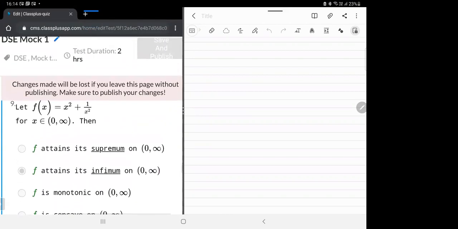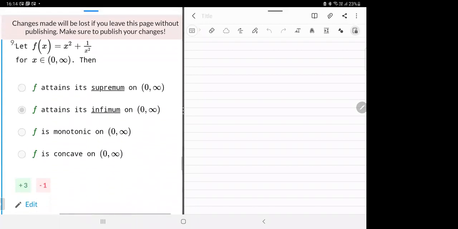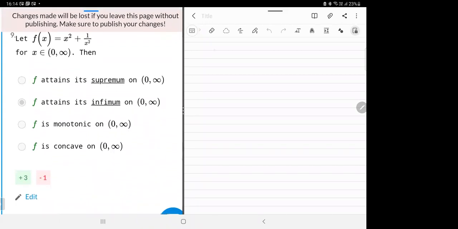So what's the doubt here? So I have my f of x equals x square plus 1 by x square, right? You guys can hear me, right? Yes, sir.